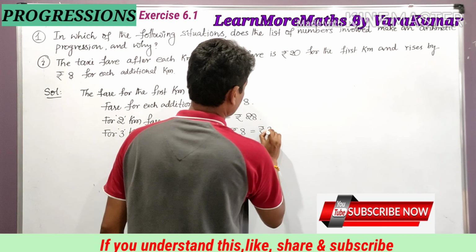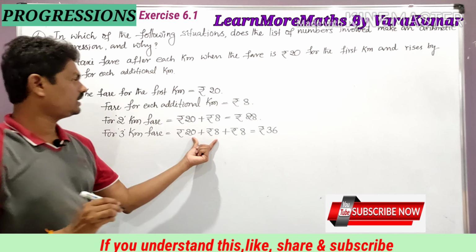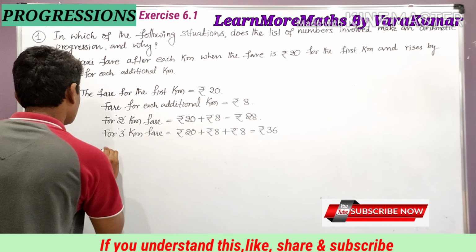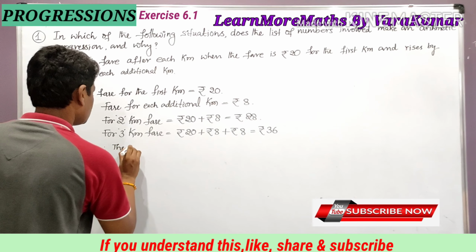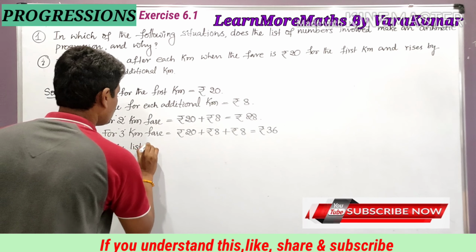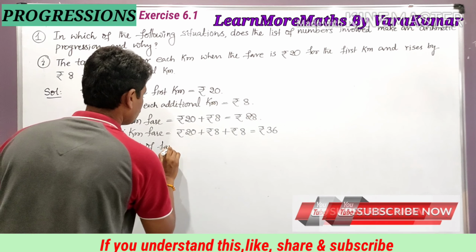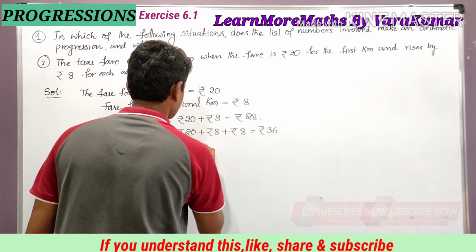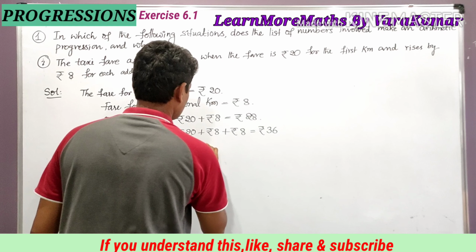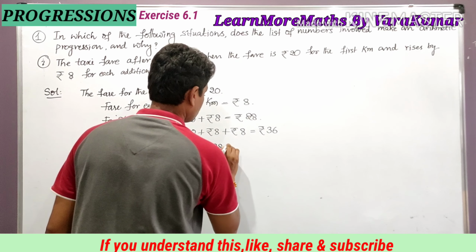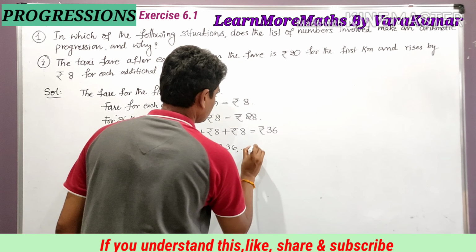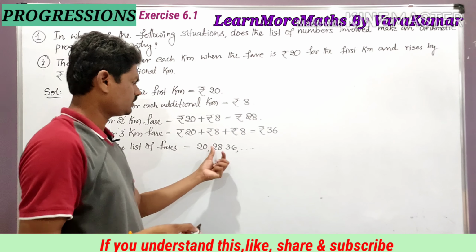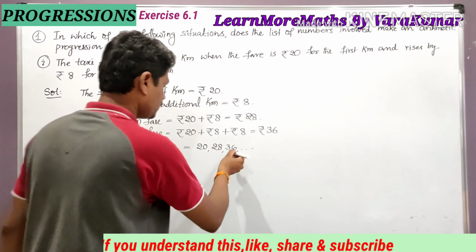So it is 36. 20 plus 8 is 28, plus 8 is 36. Therefore the list of fares is rupees 20, 28, 36 and so on. So here this is the first term, second term, third term and so on.